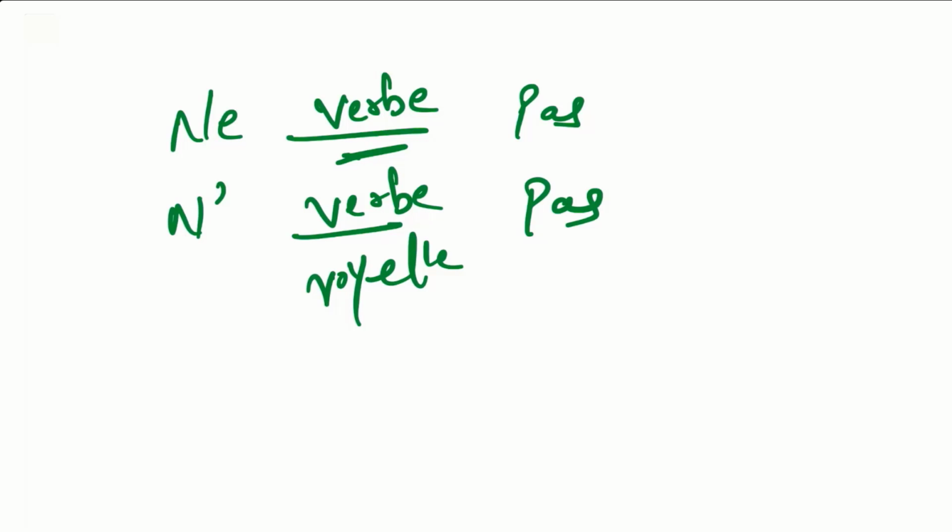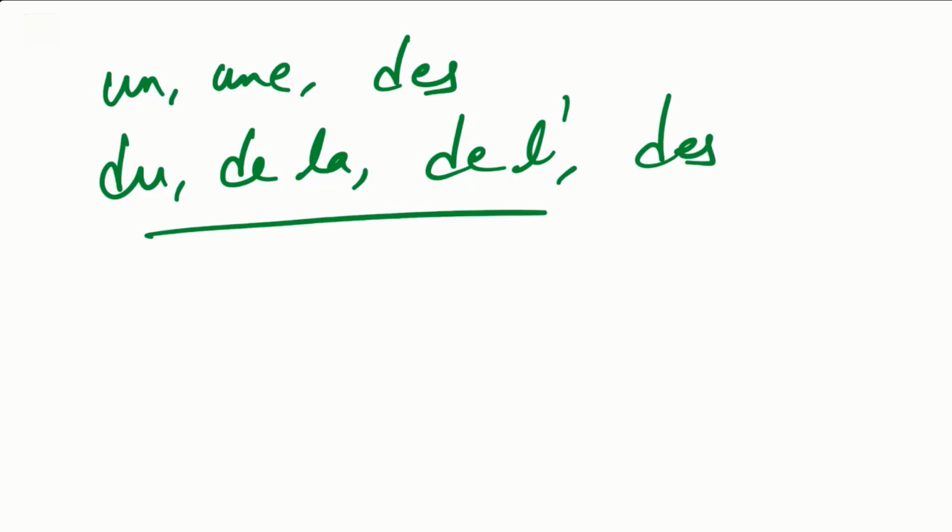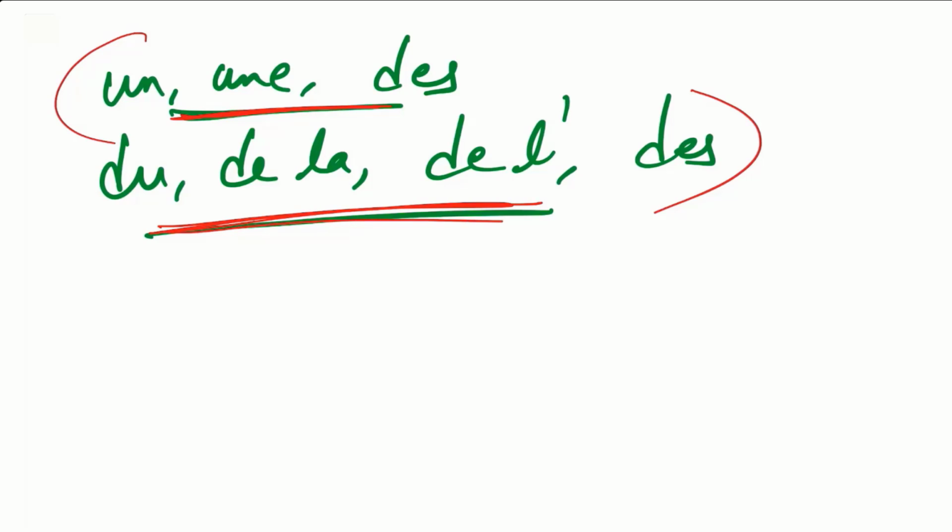And if in the sentence indefinite articles or partitive articles are there, what are we going to do? So these are the partitive and these are indefinite. If these articles are there in the sentence, we have to change them into de or d' if the next word is a vowel.